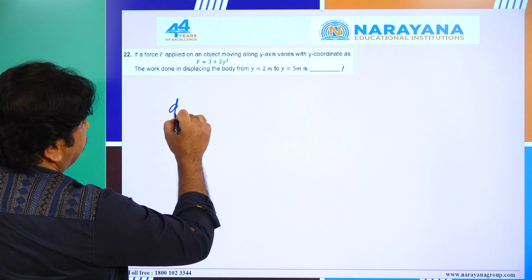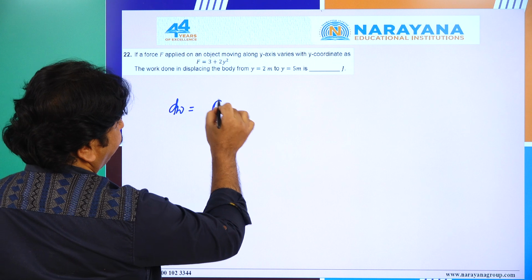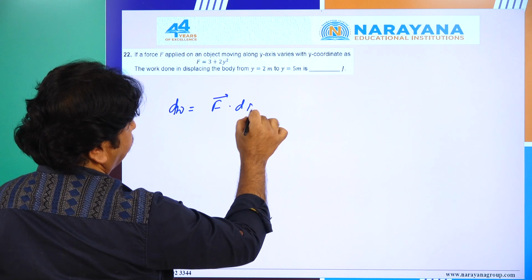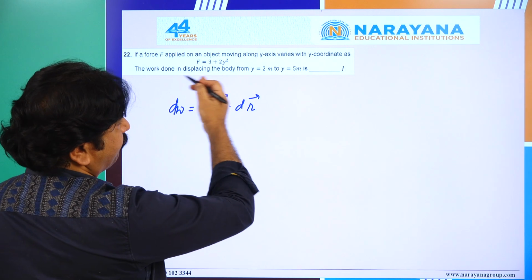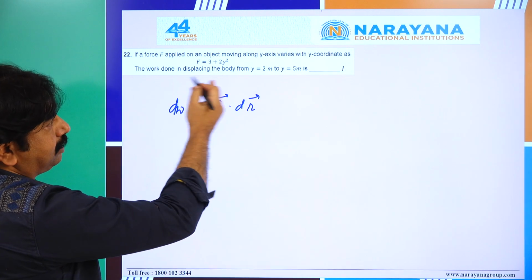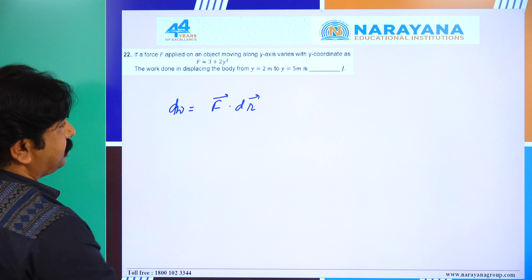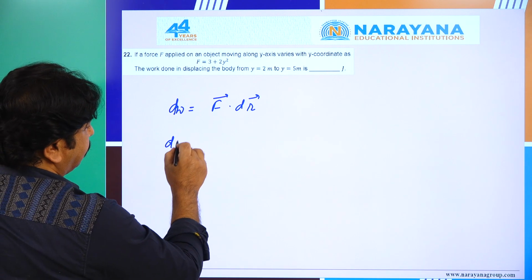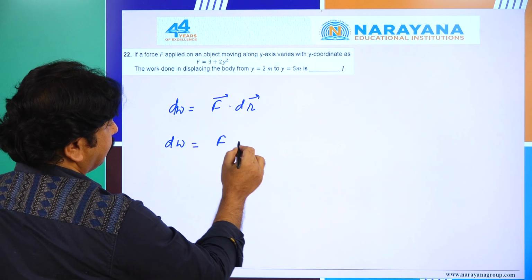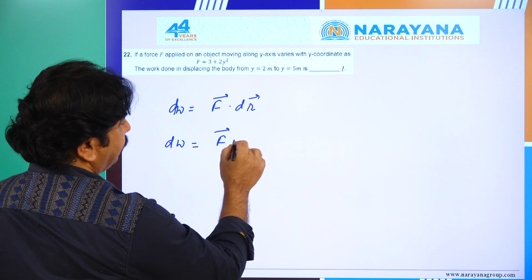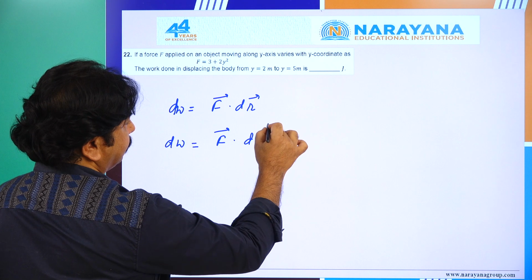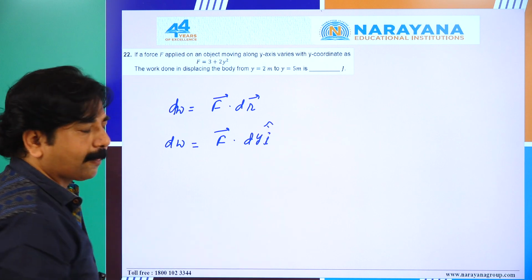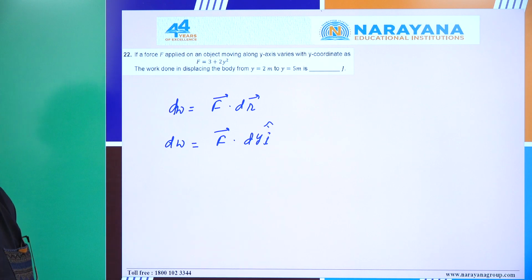The small work done dW is equal to force into displacement. Here it is moving only along the y direction, so directly we can write dW is equal to F bar into dy j cap.